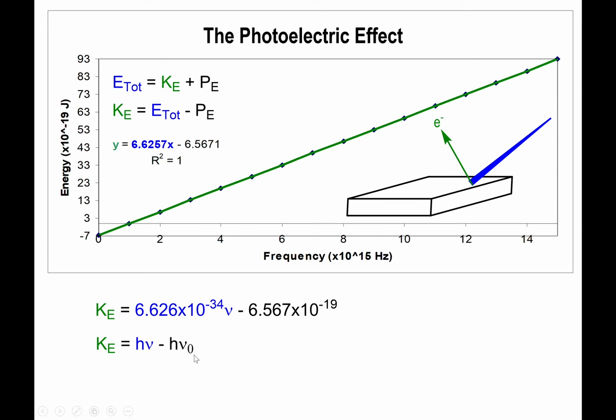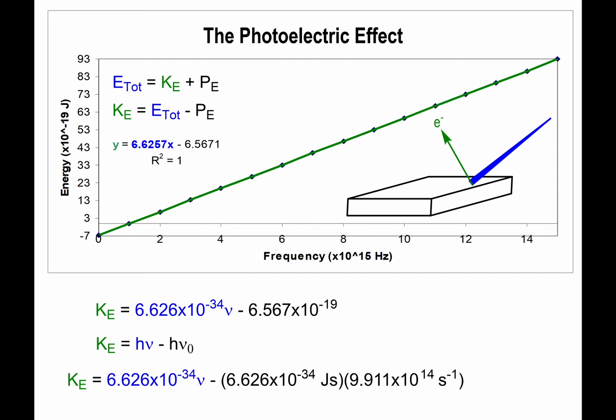We also refer to h mu naught as the ionization energy of the metal or the potential energy associated with it. And of course, if you extrapolate and say that h times mu naught equals the y-intercept, then mu naught ends up yielding a value of 9.911 times 10 to the 14 hertz.